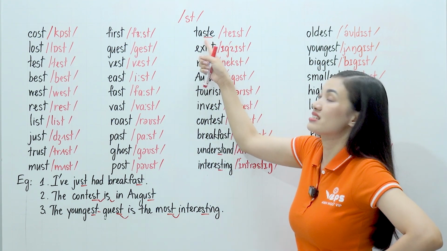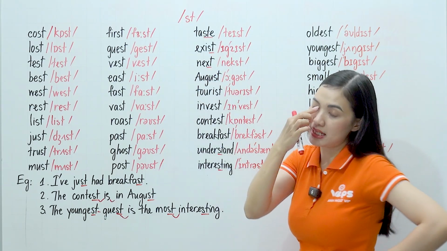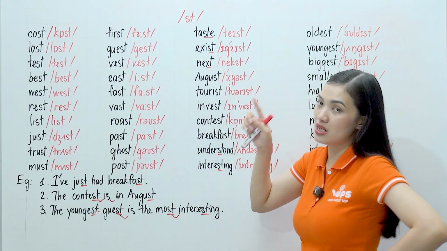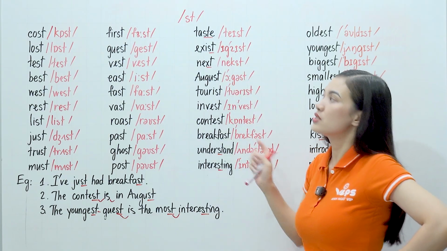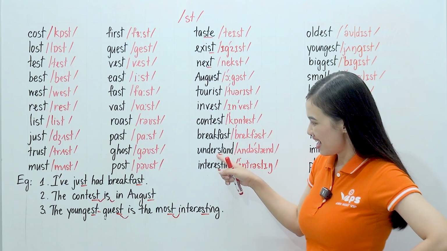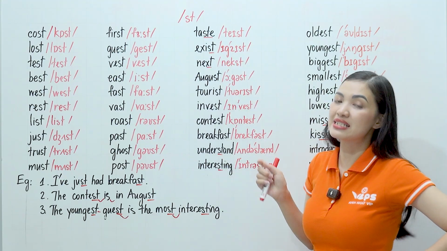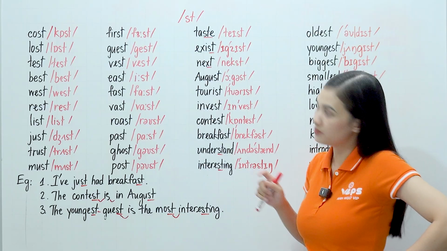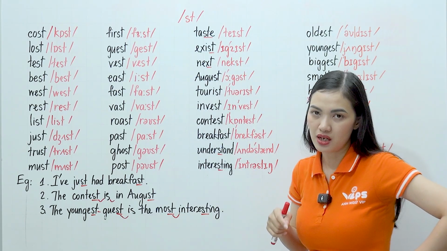So here, st. And for this one, next, usually X and T is pronounced k, here, k, st. So pay attention to it, and here we have ST in the middle. Here, taste. How does it taste? Exist.